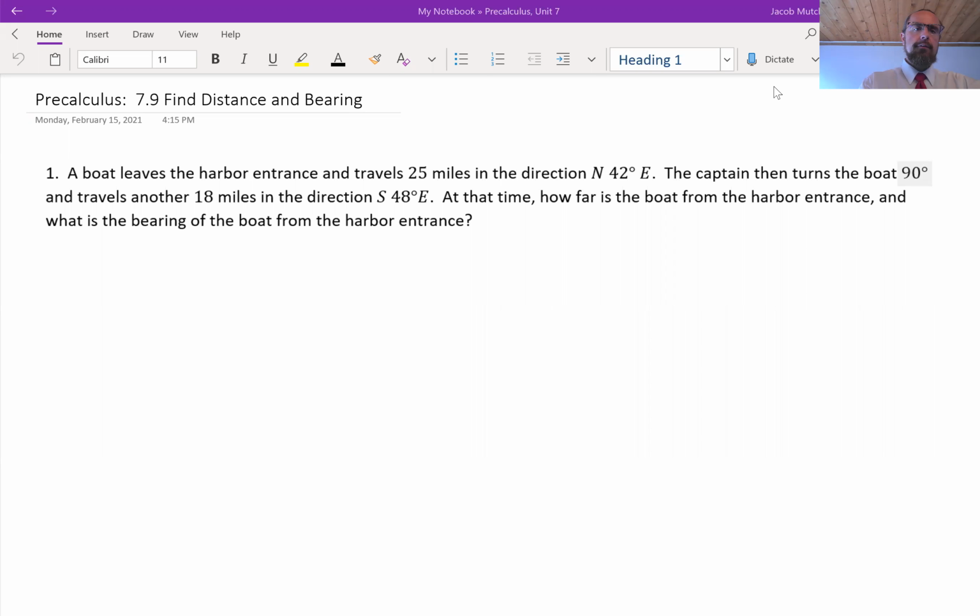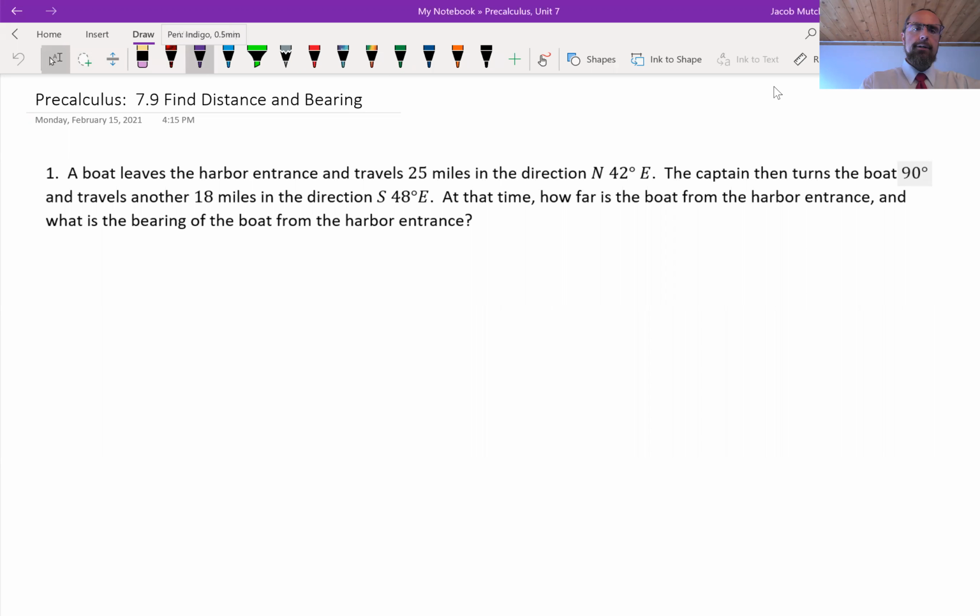So we need to define, first of all, this idea about bearing. Bearing is similar to heading, so we should note the difference here. A heading, which we've seen in previous lessons, is a degree from due north in a clockwise direction. So heading always starts from due north.